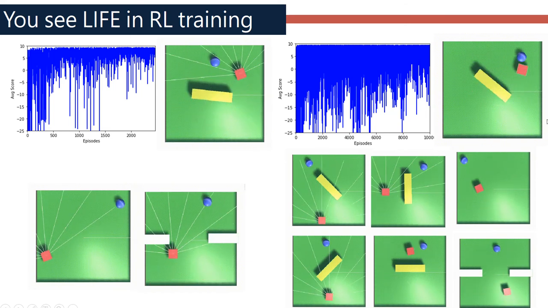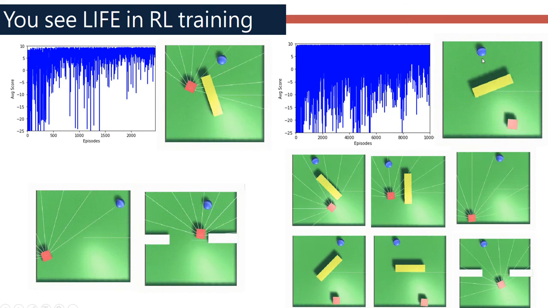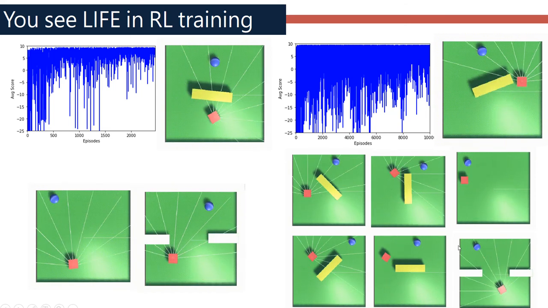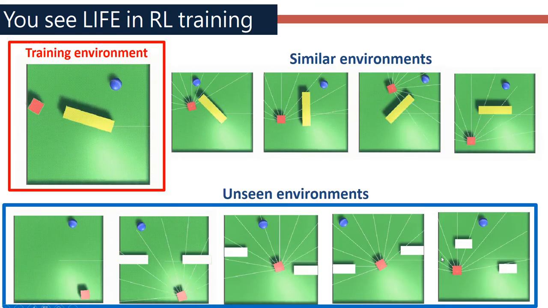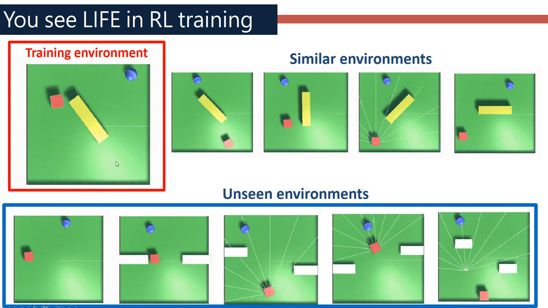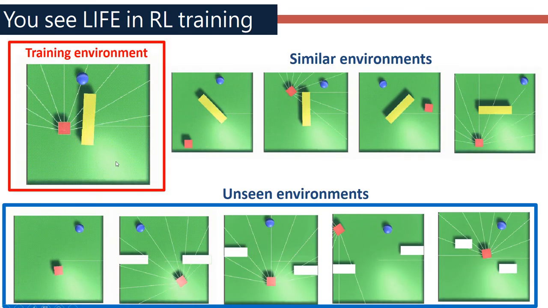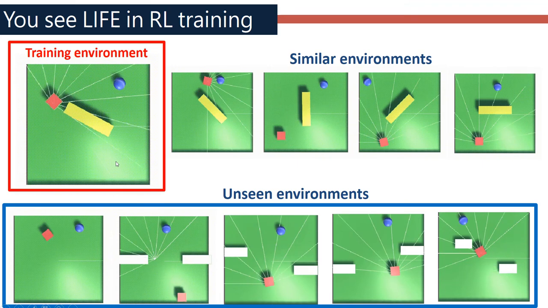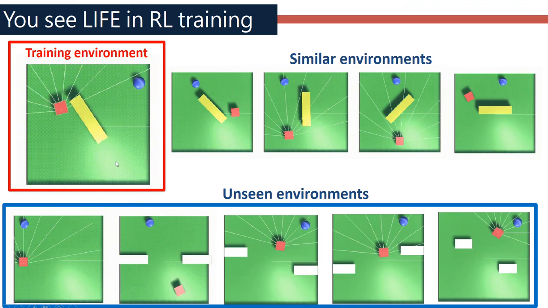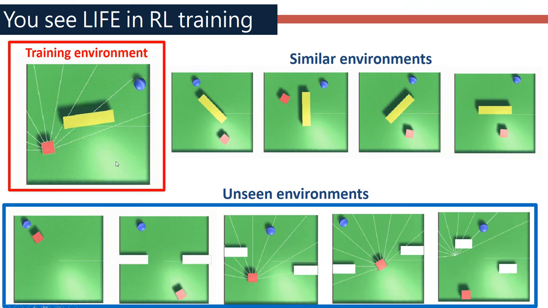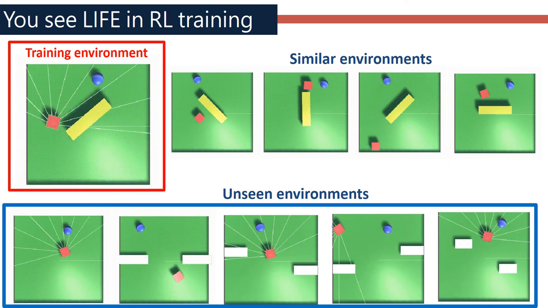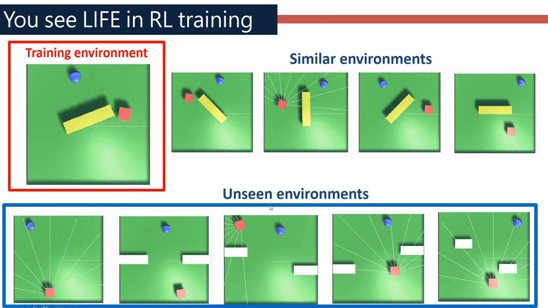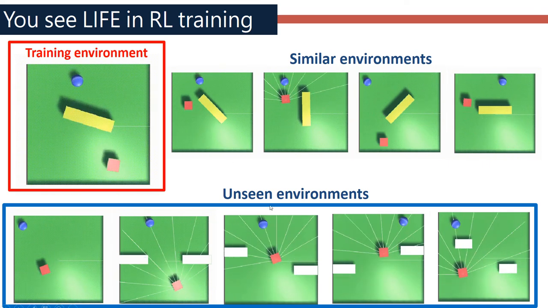Here the turning angle is a little large, but the AI can generalize to the unseen environment. Reinforcement learning is notorious for its difficulty to train, but the reward is also large. Once it is successful, you get an agent that can generalize to the unseen environment.